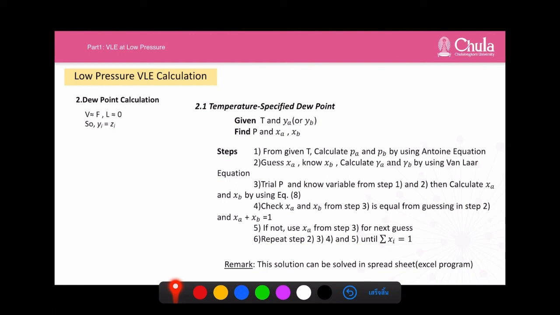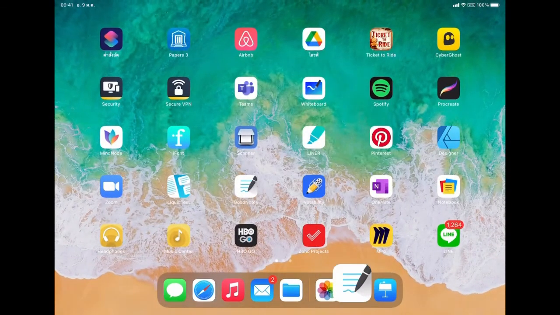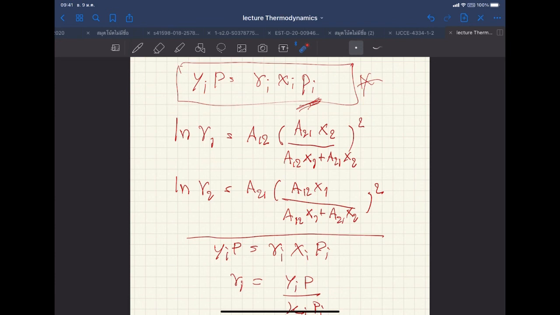The first type is temperature specified dew point. Here, the temperature is already defined. So we look at this equation again. Because the temperature is already defined, this is an explicit function. We plug in the temperature, then we can calculate the saturated vapor pressure.